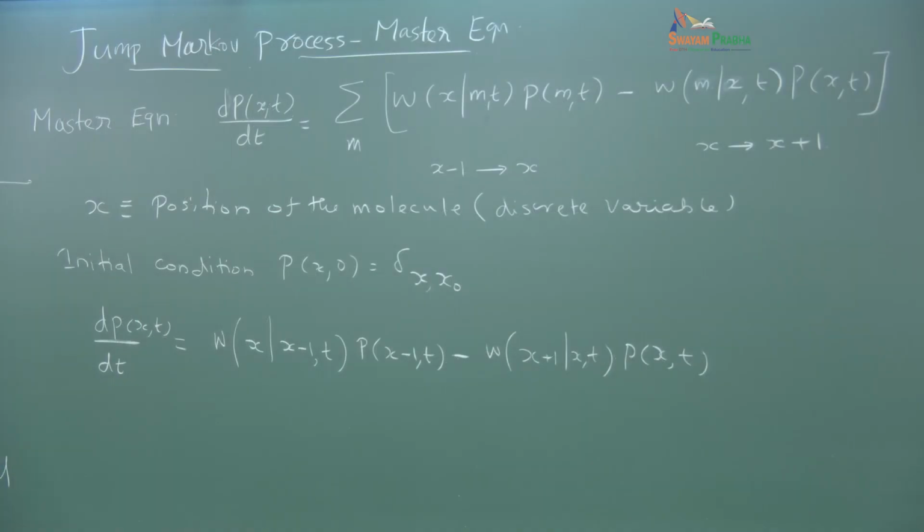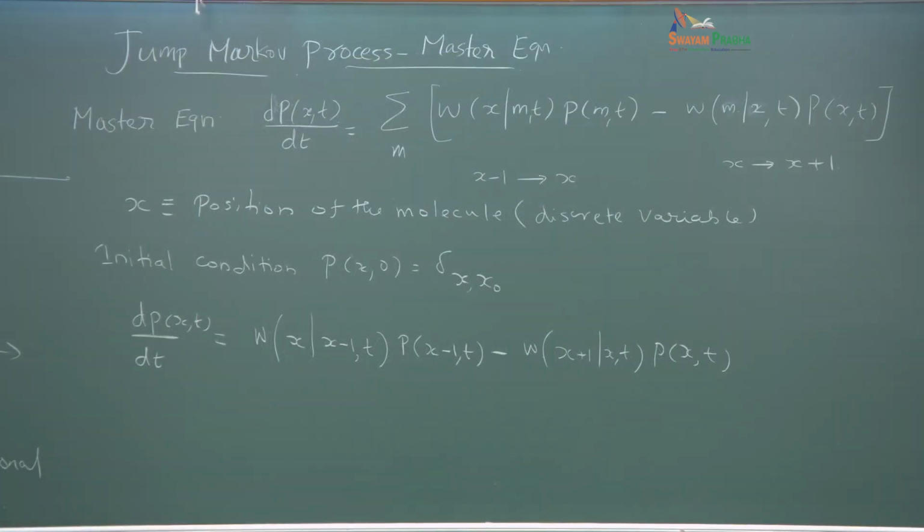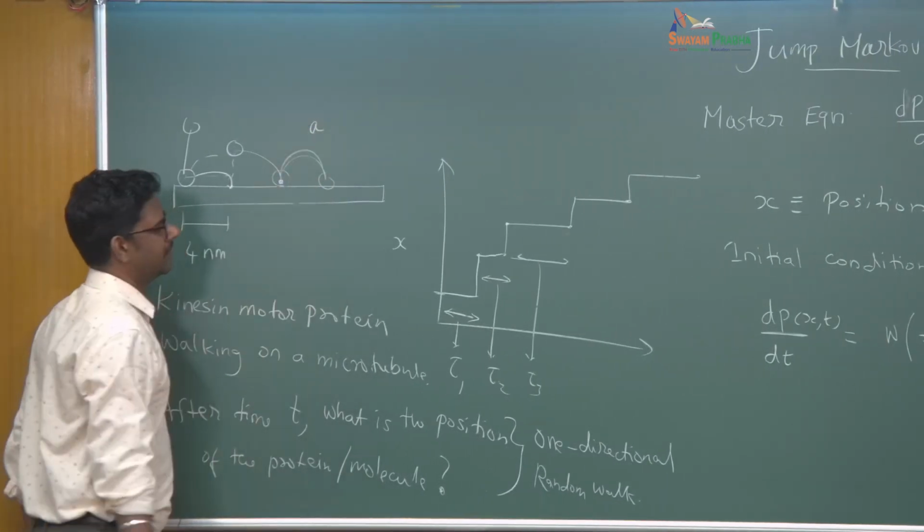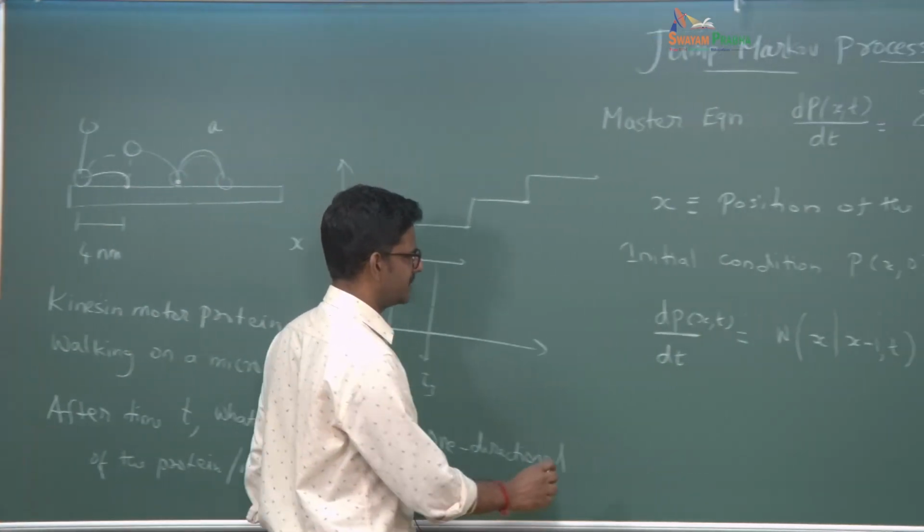So now what we will do is that when the molecule is trying to jump, we will associate a rate a, okay. So w we will say is a constant.